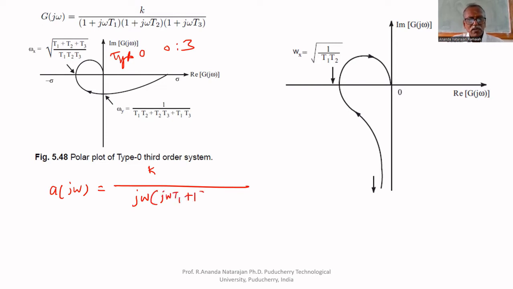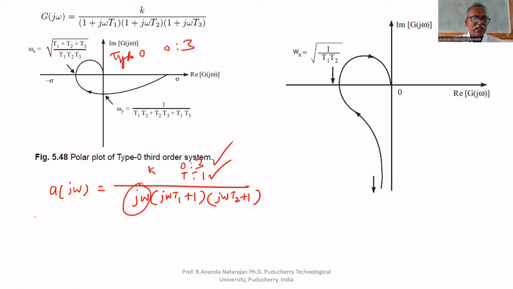What is the order? Order is 3, type number is 1. What is the degree of the denominator? 3. Therefore, order 3. Type number is 1 because 1 S is there in the denominator.